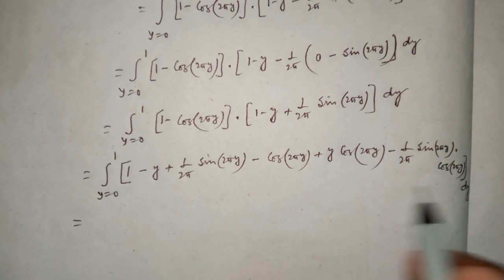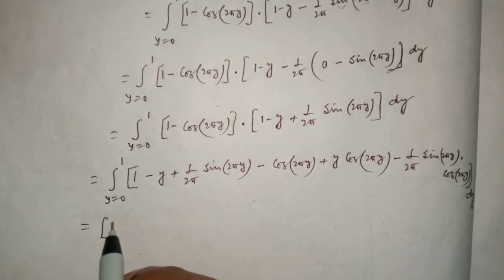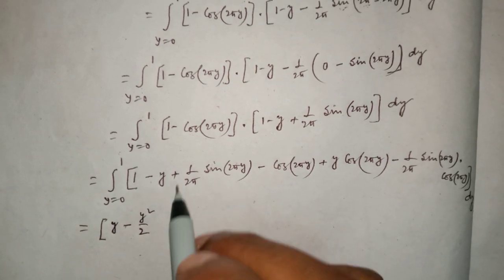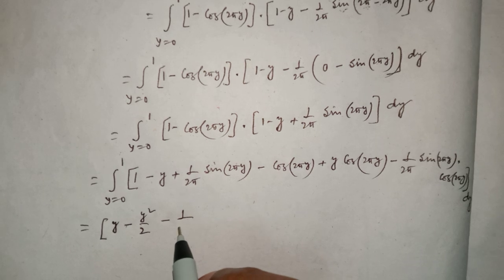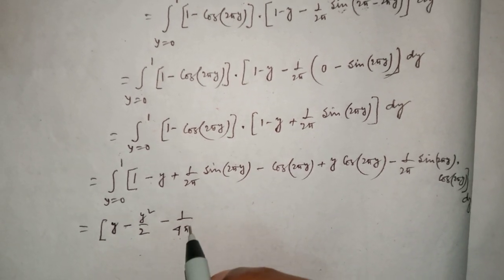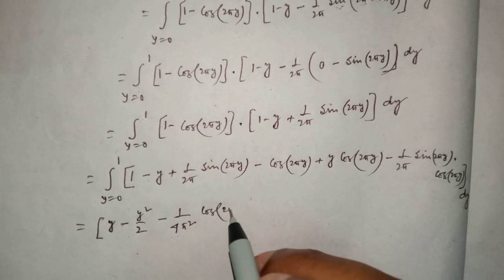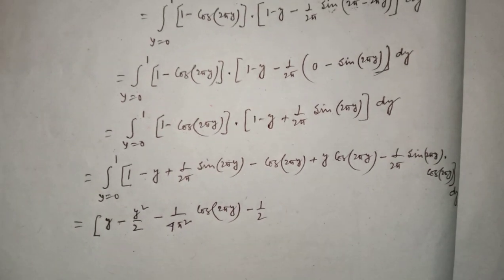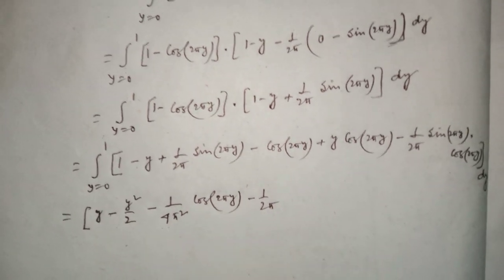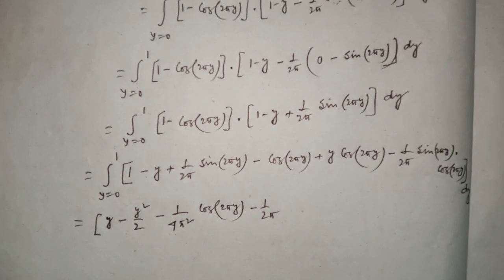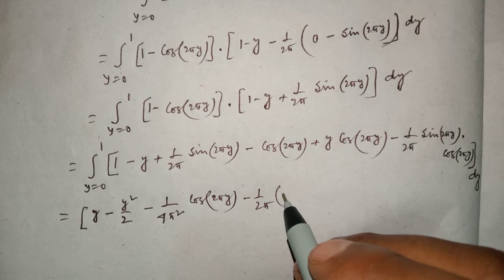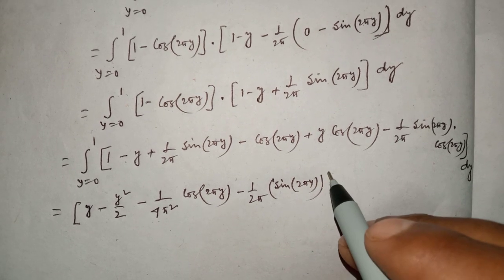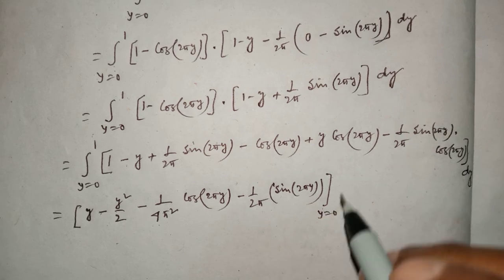If we integrate this function, we get y minus y square by 2 minus 1 by 4π square cos 2πy minus 1 by 2π sin 2πy, from y equals 0 to 1.